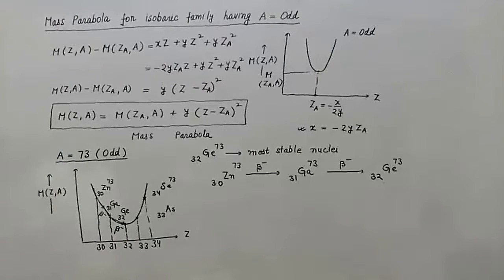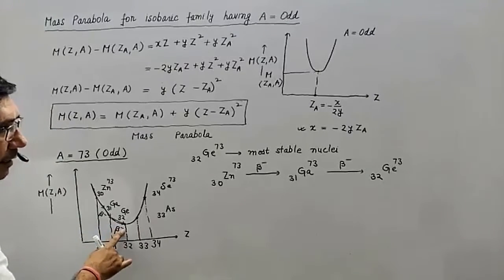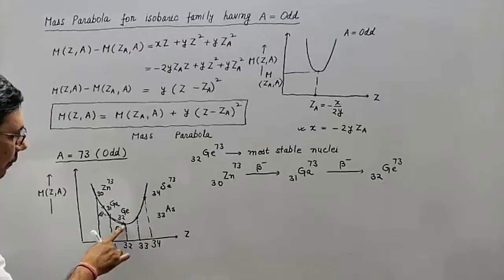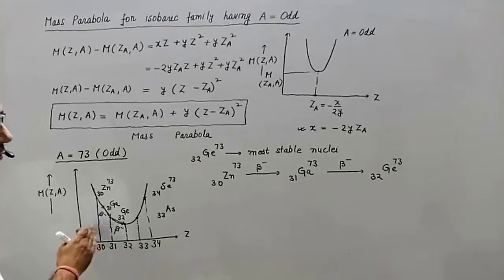Or you can generalize it: if you have a nuclei in an isobaric family which is to the left of the most stable nuclei, then by emitting beta minus particle, it can achieve the most stable nuclear configuration.